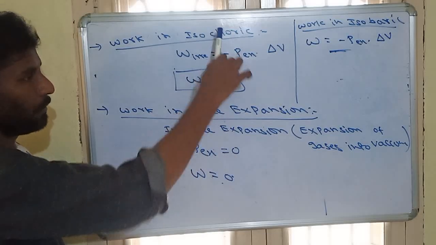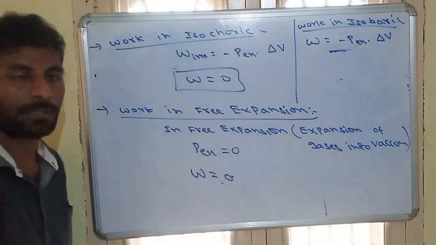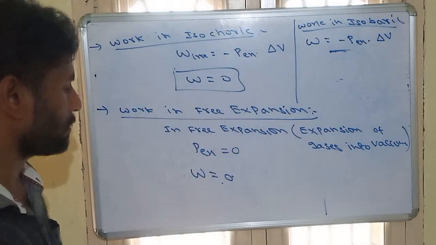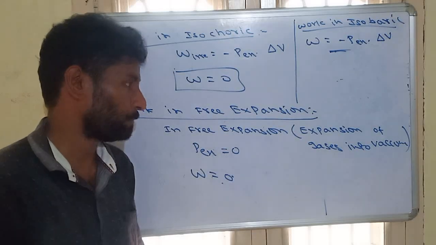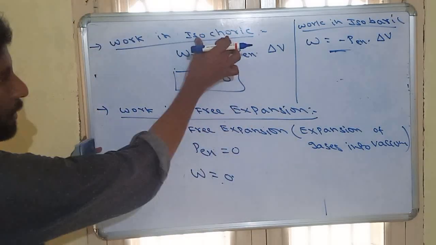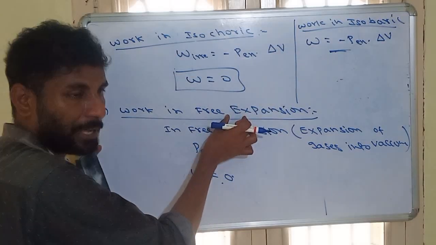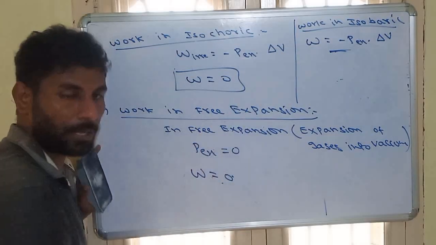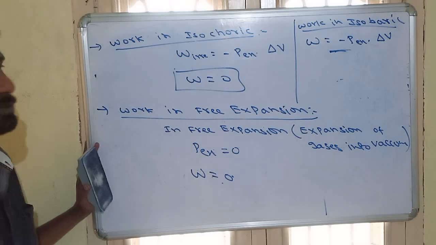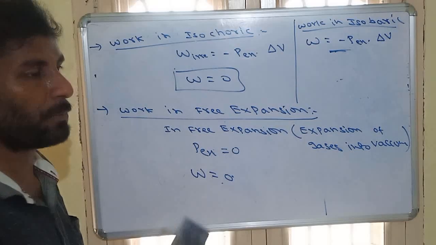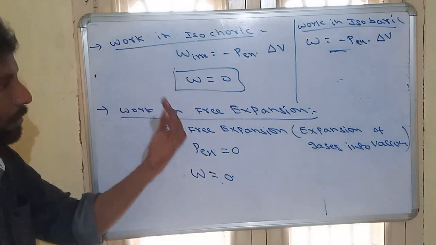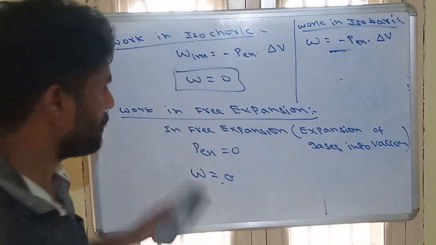In isochoric, the formula is applicable, but the value will be 0. In free expansion also, work will be 0. Isochoric, volume is constant, delta V is 0. Free expansion, external pressure will be 0, the work will be 0. So that is work in different processes: isothermal, isochoric, isobaric, free expansion.